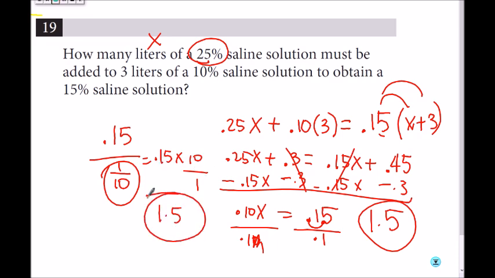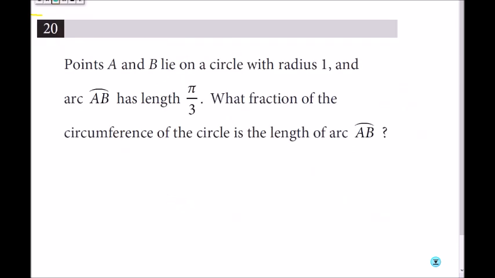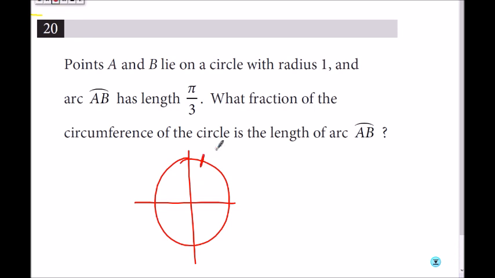Okay. Last one. Points A and B lie on a circle with radius of 1. If the arc has a length of pi over 3, here you have to use a unit circle. So pi over 3 is here, which is 60 degrees, right? 180 equals pi. So 180 divided by 3 is 60 degrees.